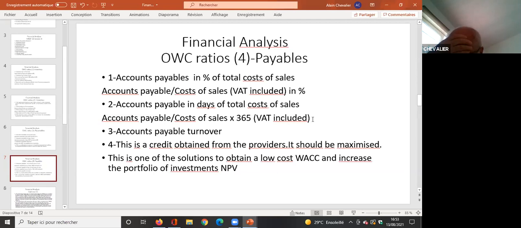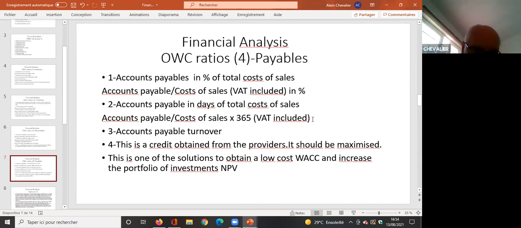Each time you extend your credit on your providers, and it is the same when you reduce your credit on your customer, okay, you need less financial resources, or you obtain more financial resources from the providers.